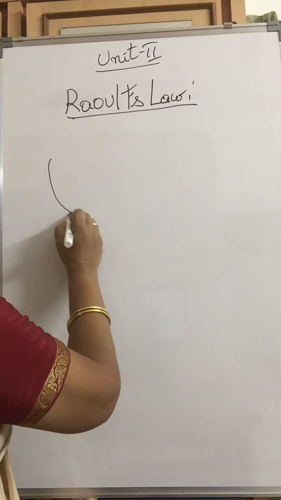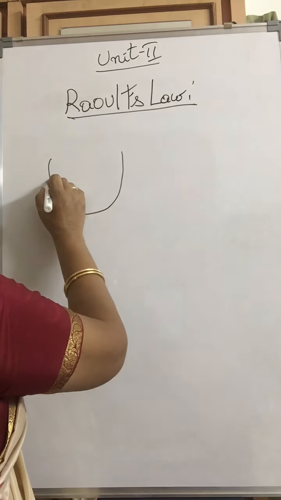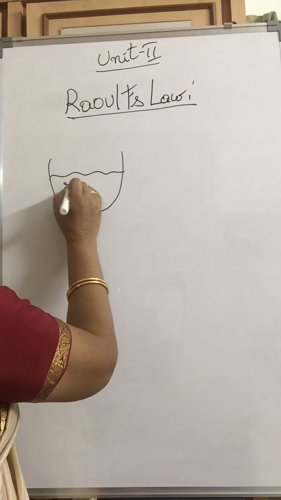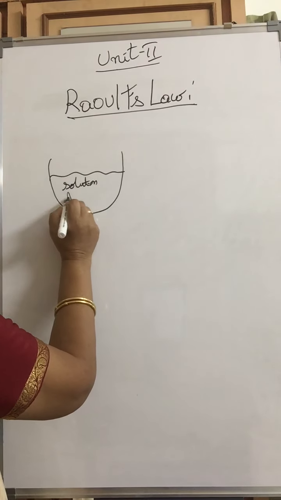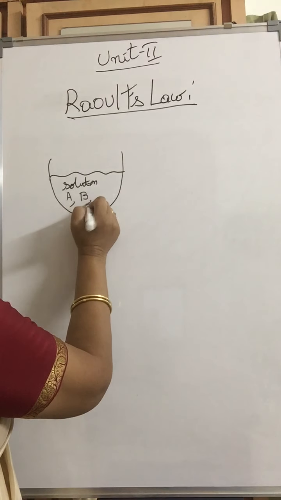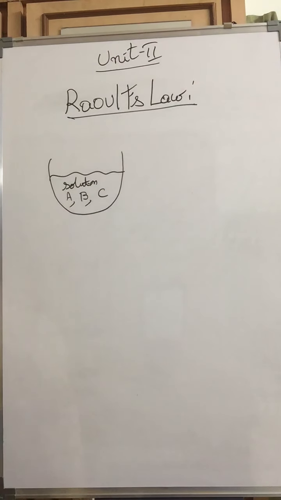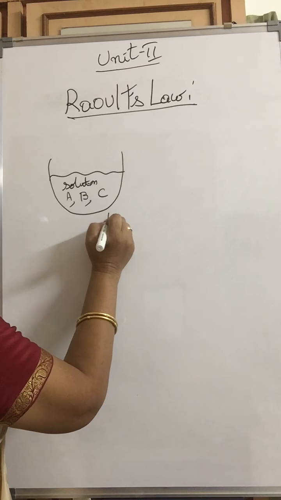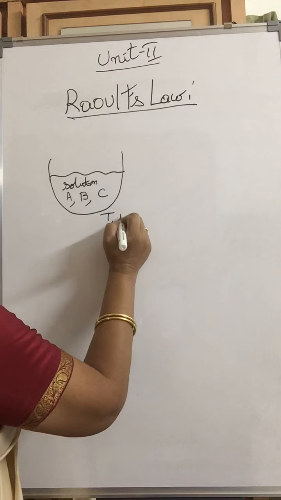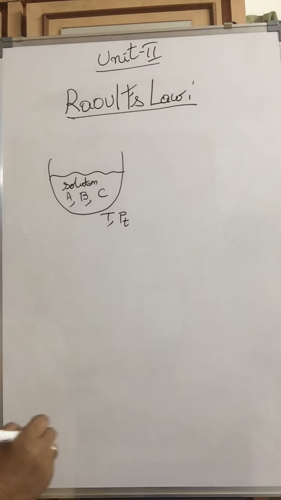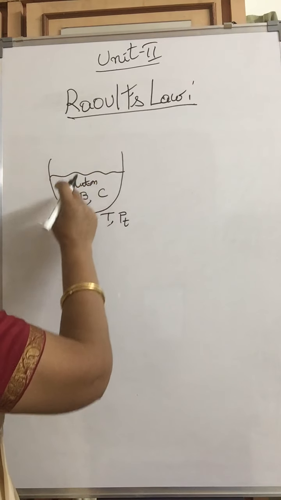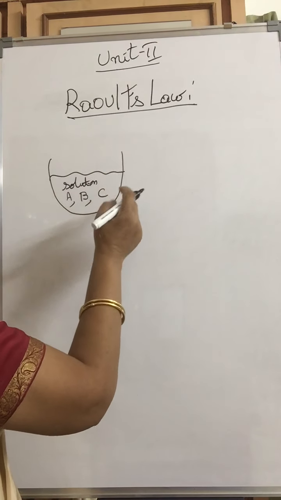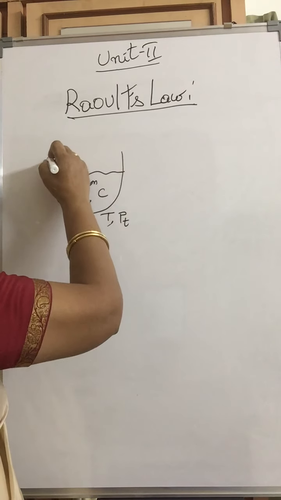To discuss Raoult's Law, consider a solution containing three components A, B and C. Initially this solution is at a temperature of T and at a pressure of Pt. Depending on this temperature T, every component A, B and C will evaporate and form its vapor phase.